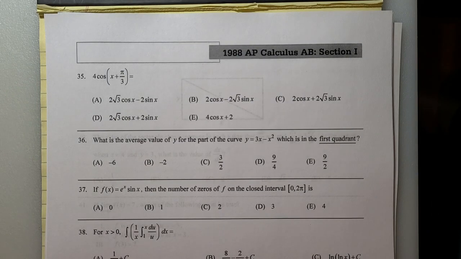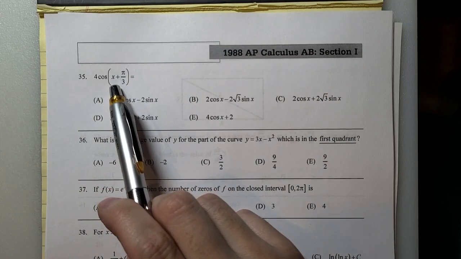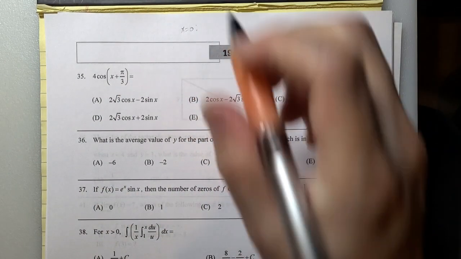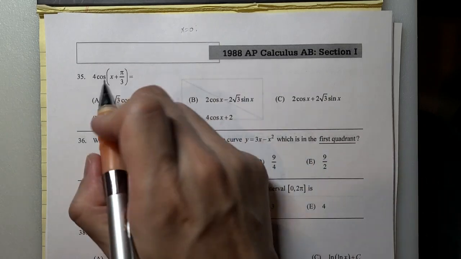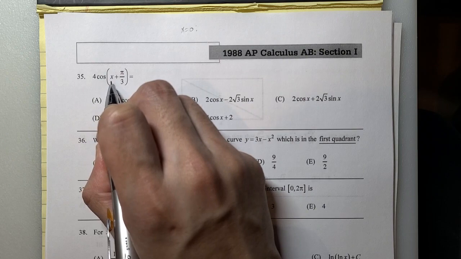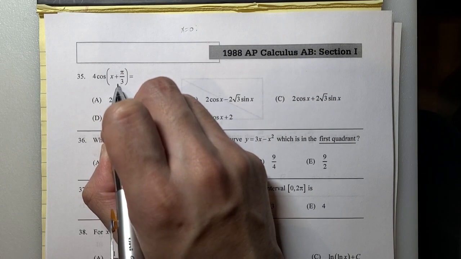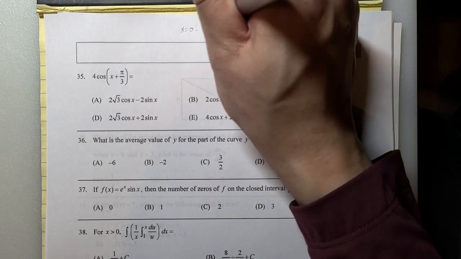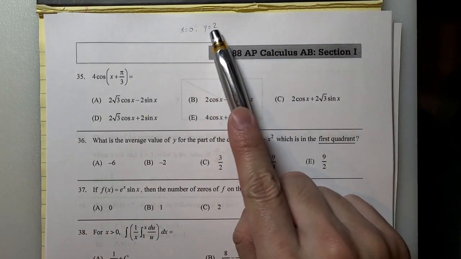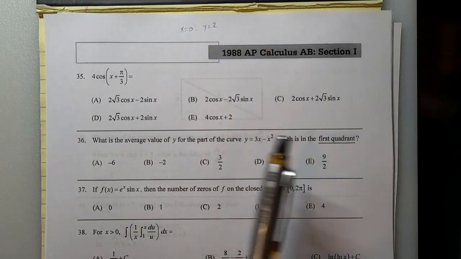Okay, so for example, when x is 0, we should expect 4 times cosine of pi over 3, which is, let's say the output is y equal to 2. So when x is 0, y should equal 2. So let's start plugging in.